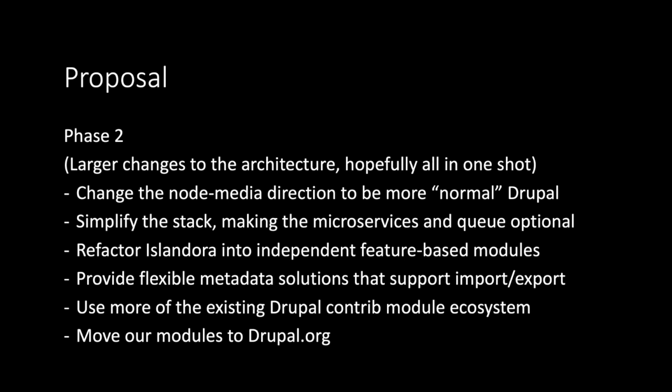But the reason we need to scope this out is that there are a lot of features and code in Islandora that understand that relationship between node and media. And so we may need to create something or adapt things or choose other ways of doing those features so that the node media relationship is not ignored.